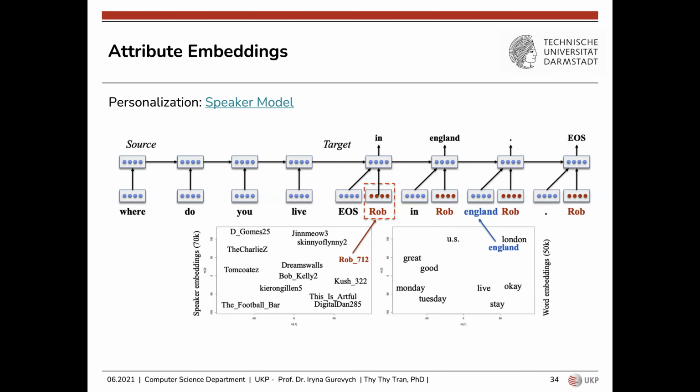The speaker embeddings are learned jointly with word embeddings and all other parameters of the neural model. Because of the training of speaker embeddings in response generation, speaker IDs close in embedding space tend to respond in the same manner.